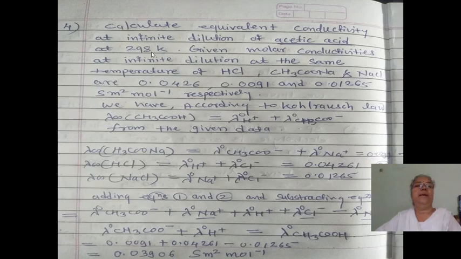Then see the next problem. Calculate equivalent conductivity at infinite dilution of acetic acid at 298 Kelvin. Given molar conductivities at infinite dilution at the same temperature of HCl, sodium acetate and NaCl, and these values are given.